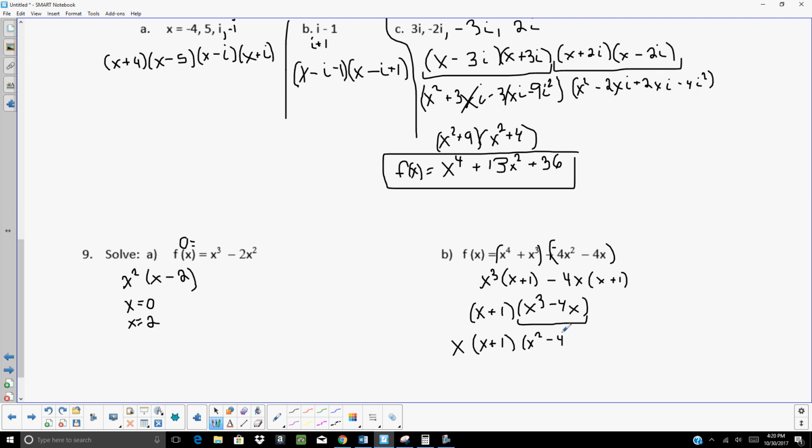And as soon as I do that, I realize, hey, that's a difference of 2 squares. x plus 1. I said x plus 1, but I didn't write it. And that's going to be x plus 2, x minus 2.